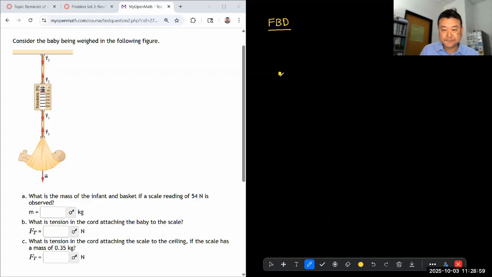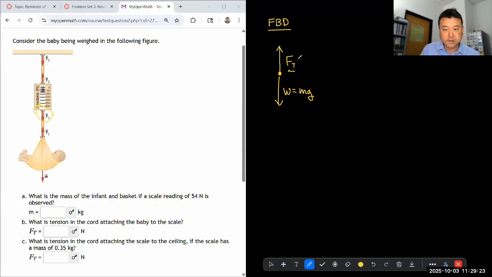Like the baby's a dot, and the baby has a weight that's going to be mg according to the formula, and then an upward force, it says tension force, let me use the symbol Ft, and the spring scale is basically reading this force here through this portion here.